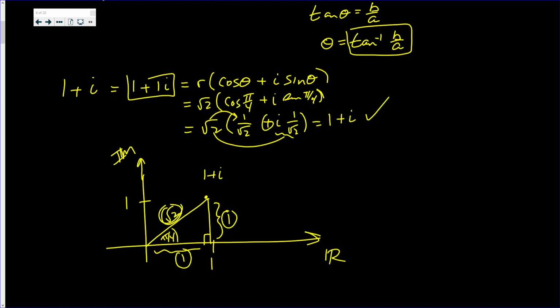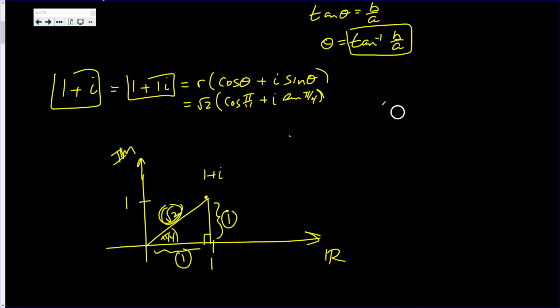And we're getting back what we wanted. We were able to write 1 plus 1i in r cosine theta plus i sine theta form. It matches up perfectly.